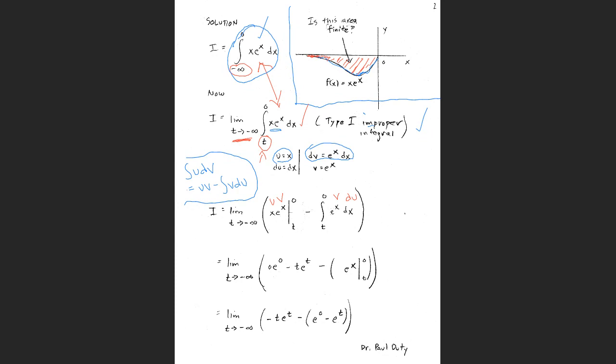I keep those limits, the left and right limits, they are from t to 0. And when I evaluate whatever this is going to be, I'm going to take the limit as t approaches negative infinity to find out what the answer is. How many remember taking limits in Calculus 1?